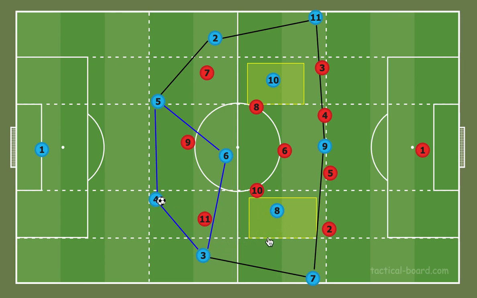Or if they're more focused on using their individual qualitative superiority against maybe a man-oriented defense, they could use more blindside runs. So they could do this by starting wider in the half space, or starting in the center and using a double movement to come here, manipulate the defender a little bit to then open up a passing angle inside, and then another, or create the third man concept.